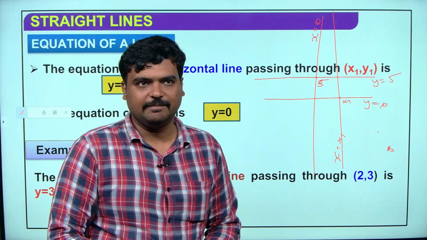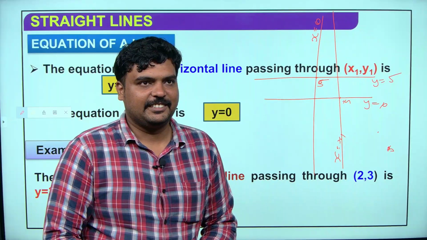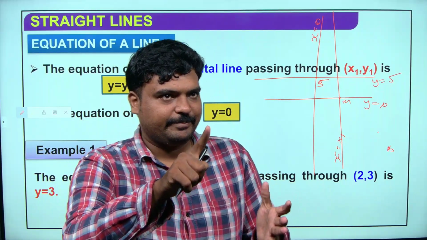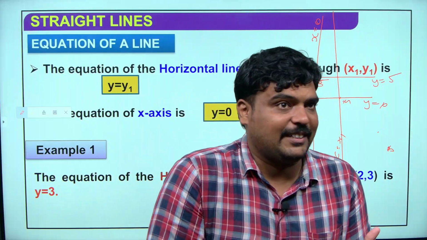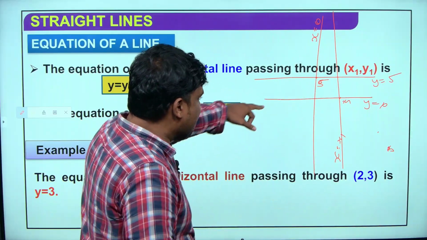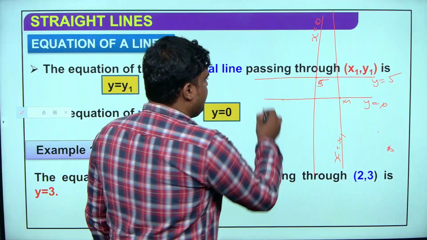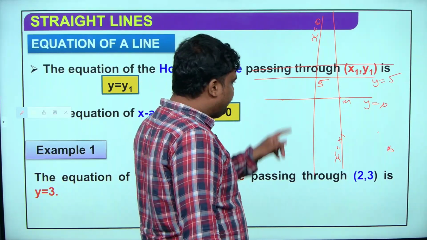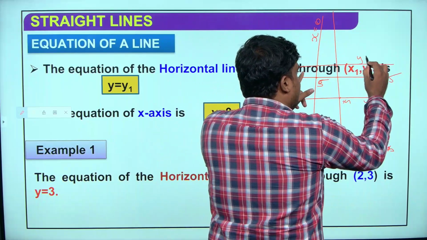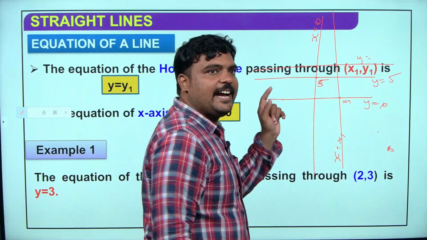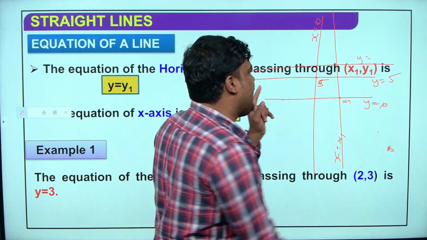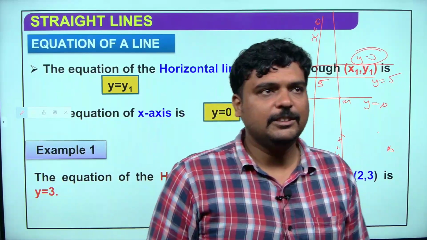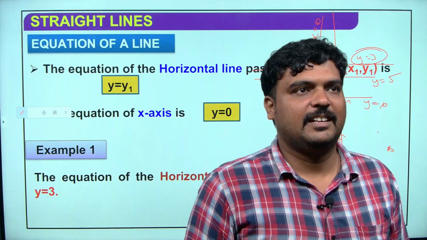Just think, Ivan, 5, 3 is the point on the line, right? And which is parallel to x-axis. So it should be somewhere here, right? So I am going to write y is equal to the point where it touched on the y. I told 5 comma 3. So y equal to 3. Are you getting, Ivan?